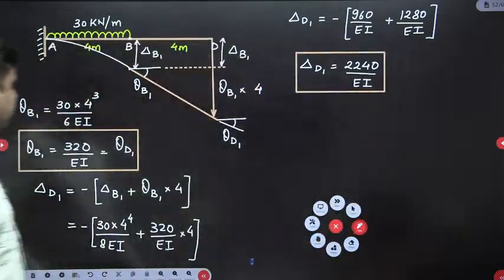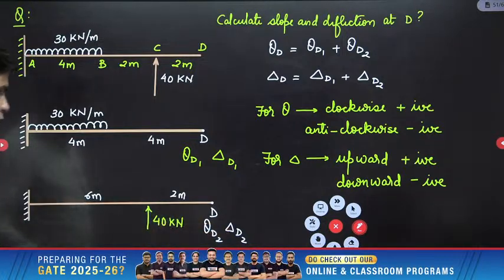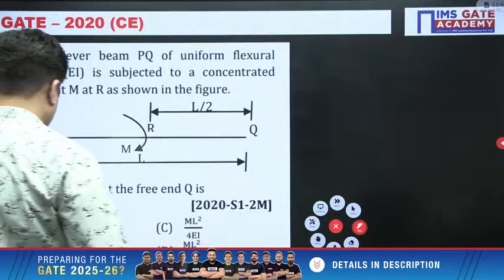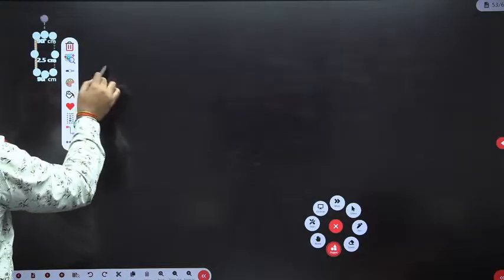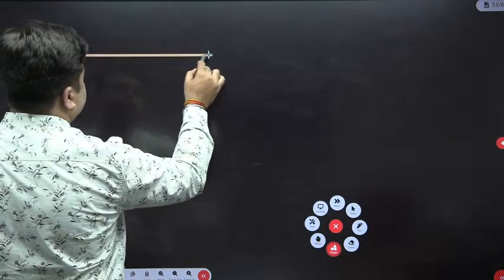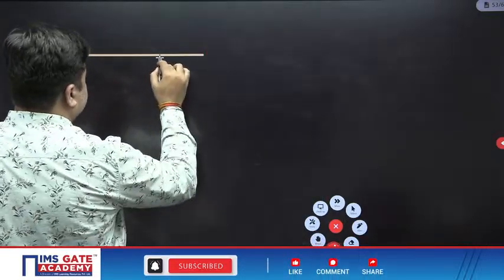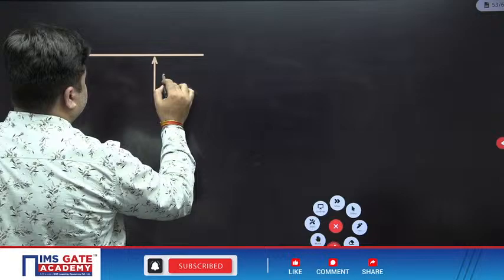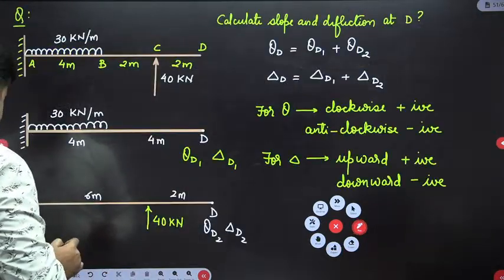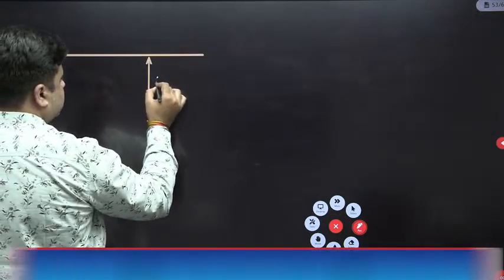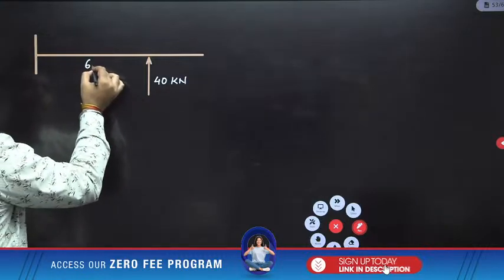Now next is consider the second load and calculate the value of theta D2 and delta D2. So the point load value is 40 kilonewton. This is 6 meter and this is 2 meter.